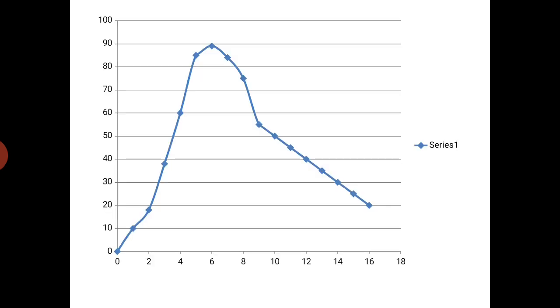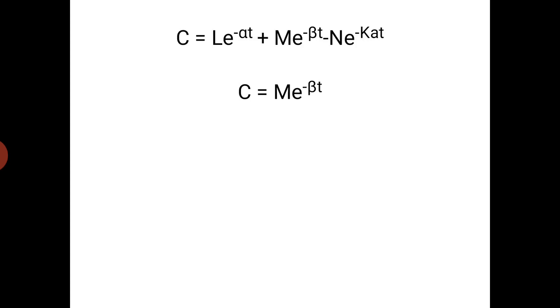Next, this graph is only for understanding purpose. Now for determination of the rate constant, first you are going to write down the heading as determination of elimination rate constant. For determination of elimination rate constant, in the initial phase the process of absorption and distribution becomes negligible, becomes value 0.